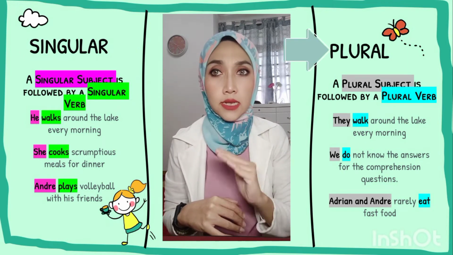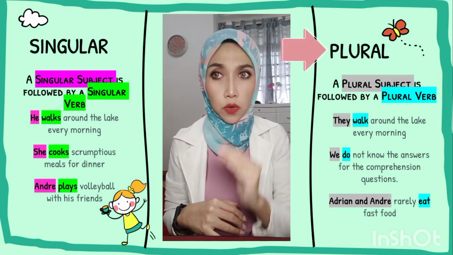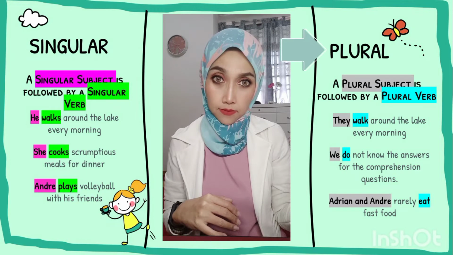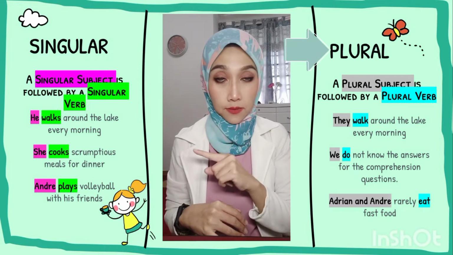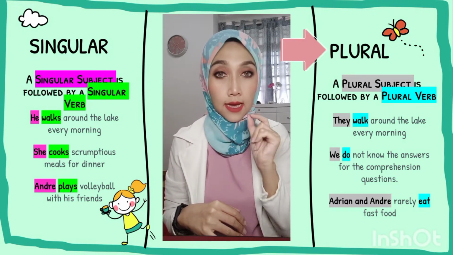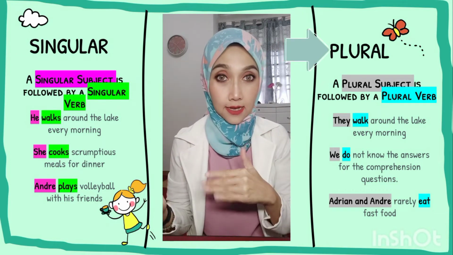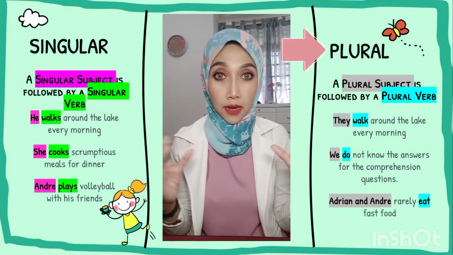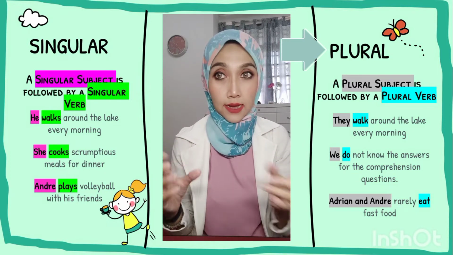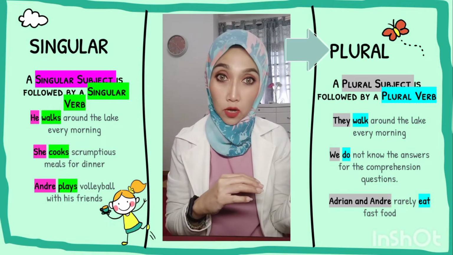Next, a singular subject is followed by a singular verb. Just now I mentioned that a simple sentence has a subject and a verb. Tadi teacher cakap kan, ayat ringkas mesti ada subjek dan mesti ada perbuatan.